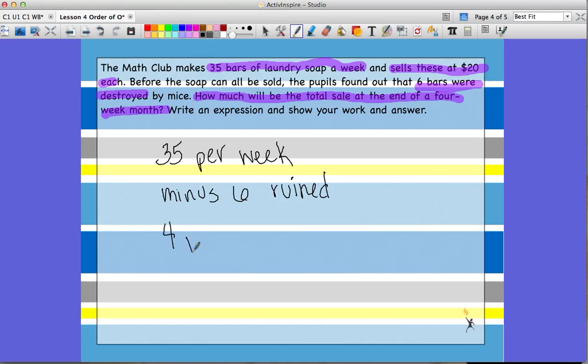And we're looking for a 4-week period. So if I make 35 bars per week, and I'm looking for 4 weeks, I know that I have to do 35 times 4. That's going to get me how many I made. Now I also have to remember that they sell for $20 per bar.